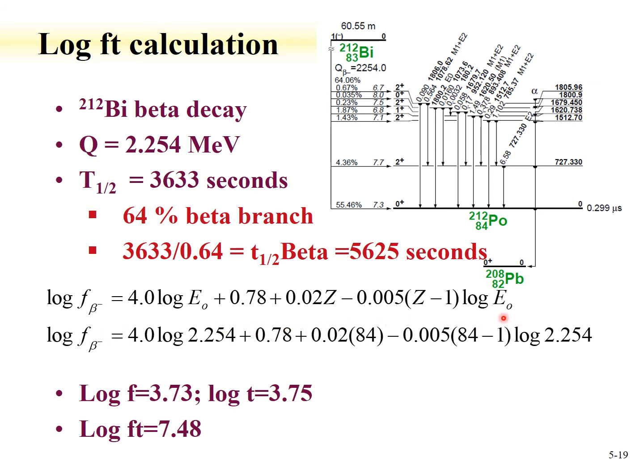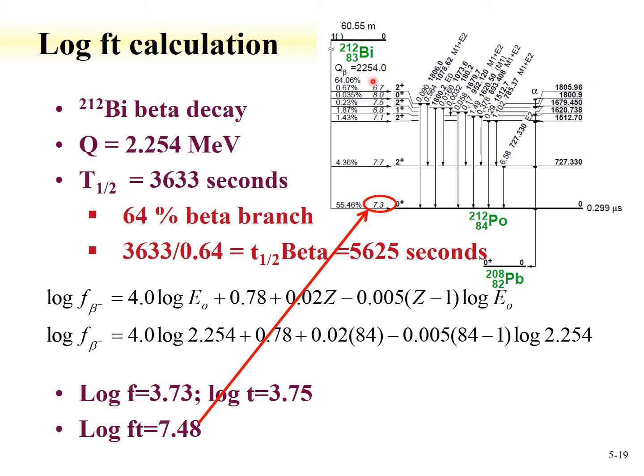I plug in my half-life. I plug in my Q value. I get my log F is 3.37. My log T is 3.75. I get a log Ft value of about 7.5. And I actually compare this to what's listed in the table of the isotopes.